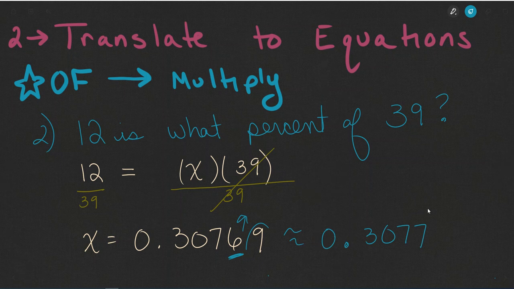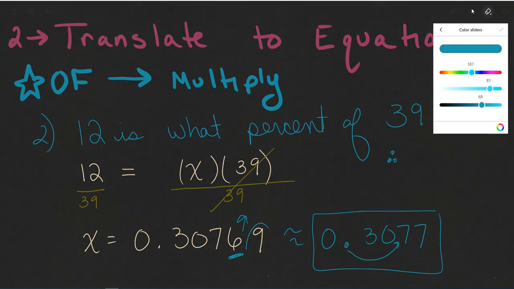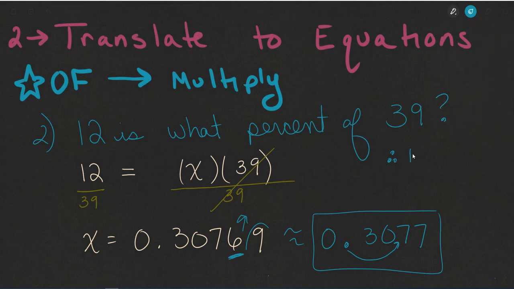So I need to change this answer to a percent for my therefore. And when I change this to a percent, it's always 2 decimal places. Oh, let me write it correctly. Therefore, 12 is 30.77% of 39. And that's it.